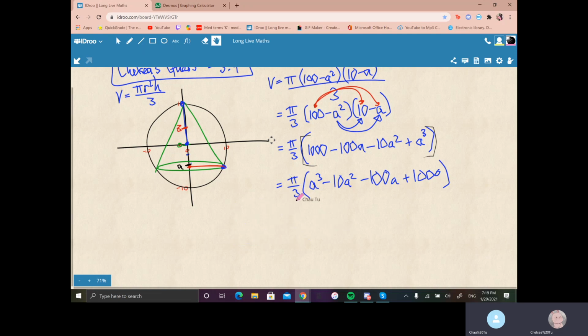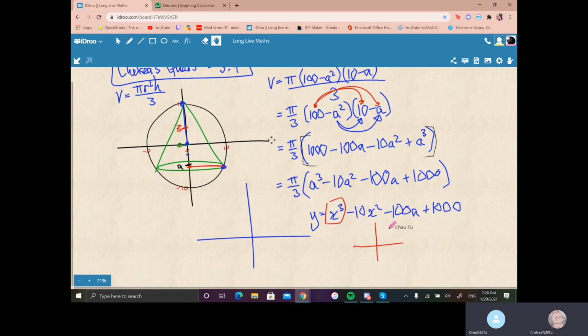So anyway, looking at this, if I were to ask you to sketch y equals x to the power of 3 minus 10x squared plus 100, what does this graph look like? Well, first, x to the power of 3. When it's big, it wants to do x to the power of 3, right?